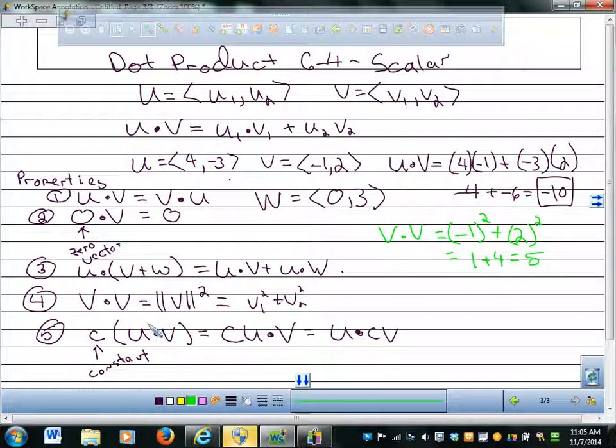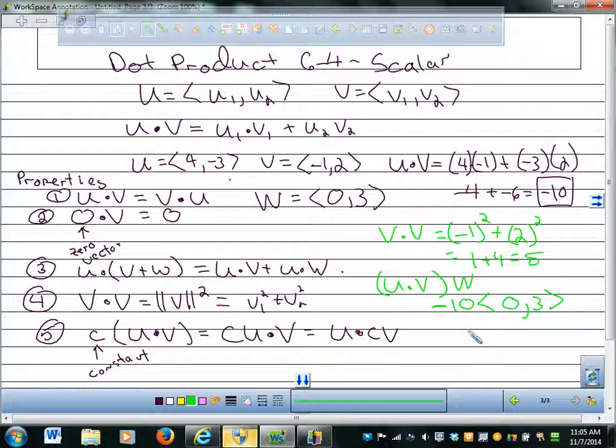What is u dot v times w? Well, u dot v we found up here: u dot v is -10. So it's -10 times the vector with those components, so this doesn't give you a scalar, it gives you a vector. Actually, it doesn't matter which side I multiply.